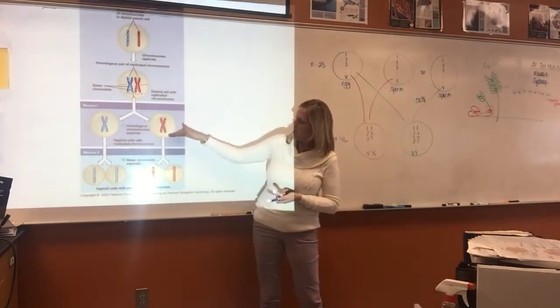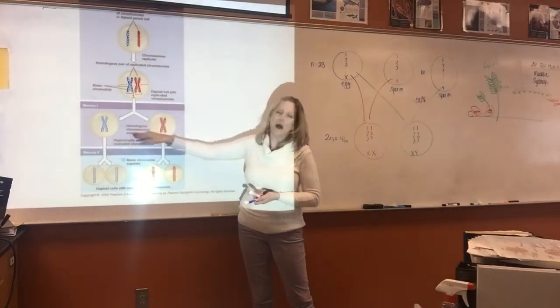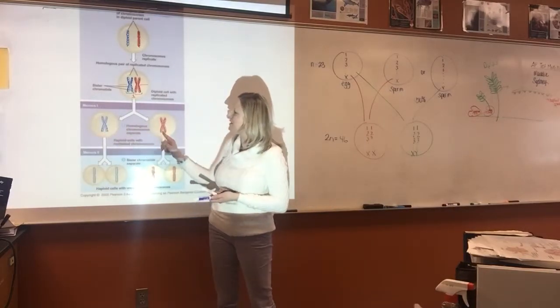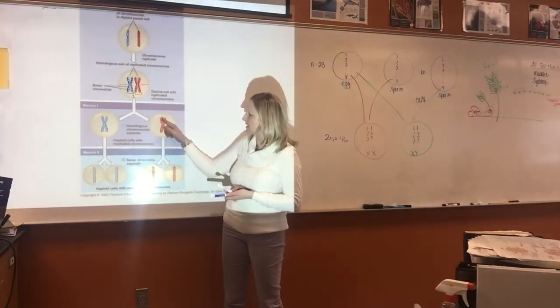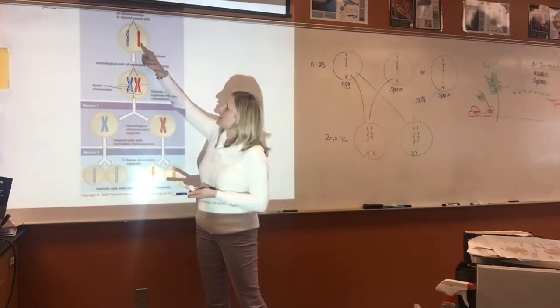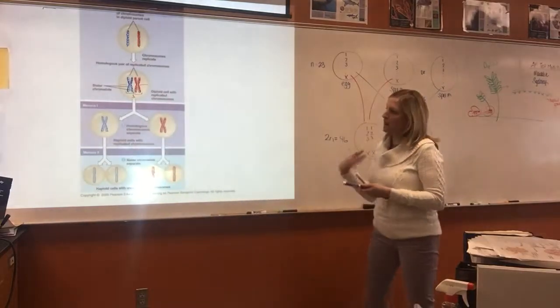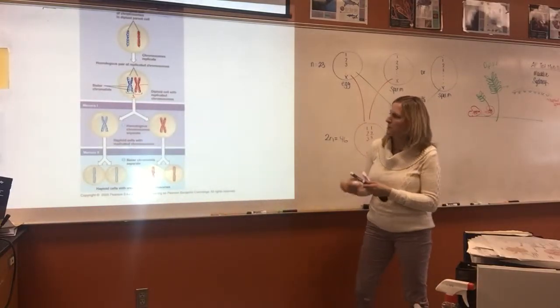So then, we're not done here. Why are we not done with meiosis? Because these cells still have double the DNA. They still have two of these pieces of DNA that you originally started out with instead of one. And so therefore we separate the chromatids.